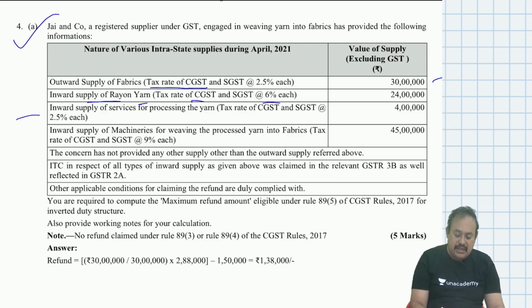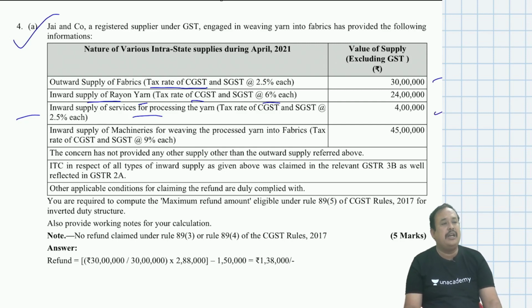Inward supply of services for processing the yarn, tax rate CGST, SGST 2.5% each, total value of supply of service 4 lakh. Inward supply of machine for weaving the processed yarn into fabric, tax rate CGST, SGST 9% each, total 45 lakhs value of the goods.